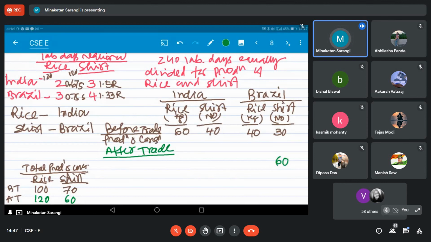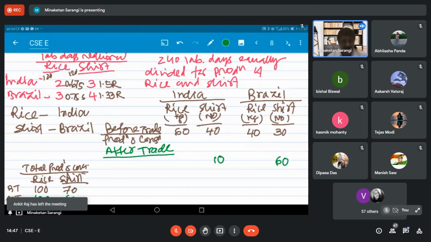How much minimum number of sats required to be produced by India? Brazil can give at most 30, but India requires 40. So India must produce 10 sats, minimum.